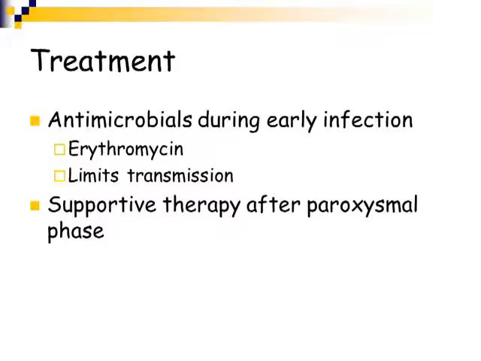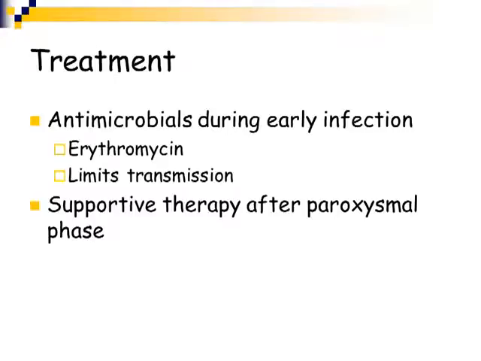Now, treatment in an individual that is infected, very early on you can give antimicrobials such as erythromycin to decrease the transmission to other individuals. However, once a person has the disease, you're not really treating to get rid of the disease as much as trying to limit the disease being transmitted to other people.